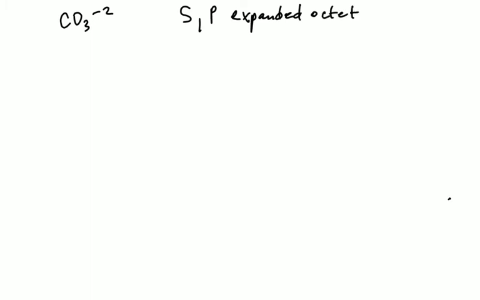And unfortunately, carbon is not one of those atoms that will undergo the expanded octet. If you look at the third energy level and on, those atoms have the capability to undergo an expanded octet. And if you notice where carbon is, carbon isn't. We'll talk a little bit about its location on the periodic table in a moment.